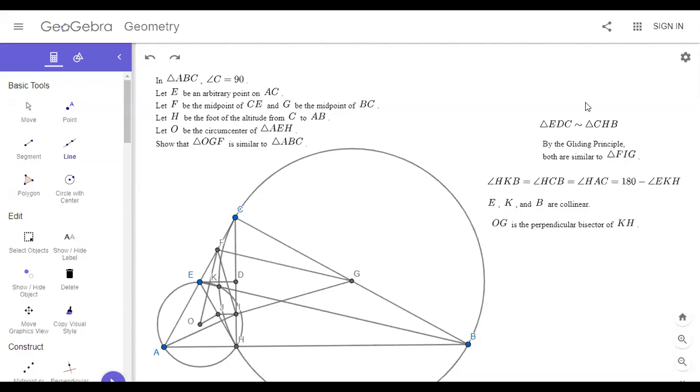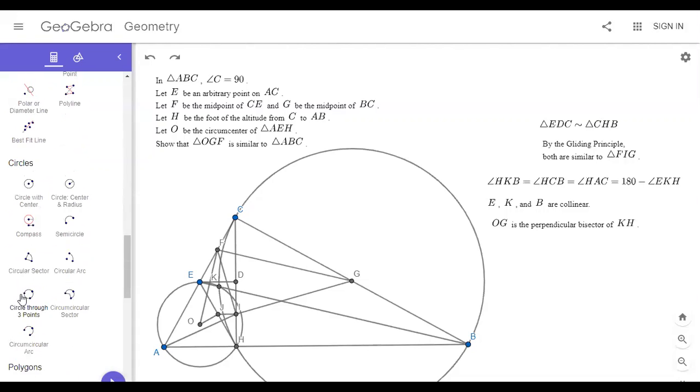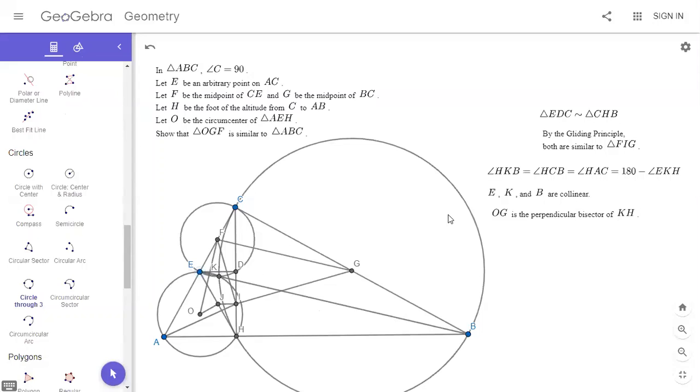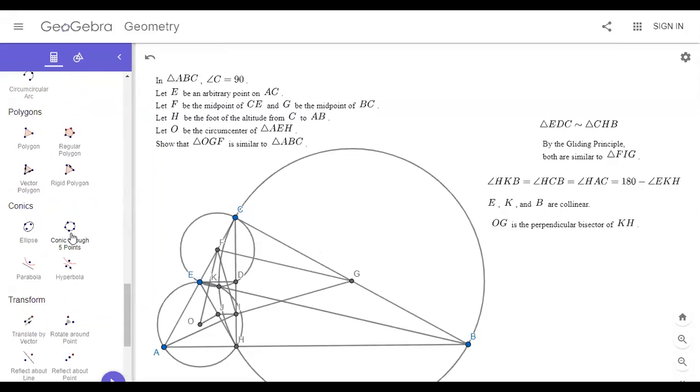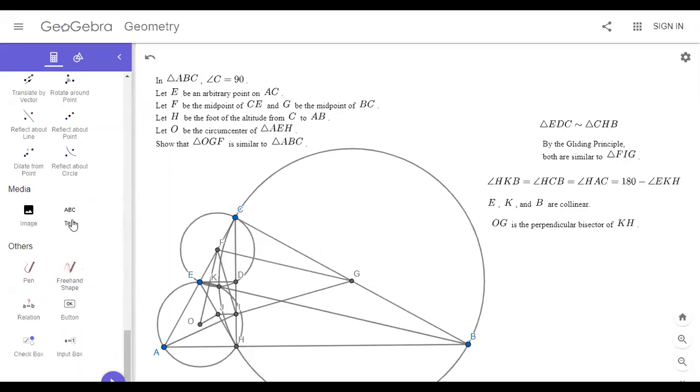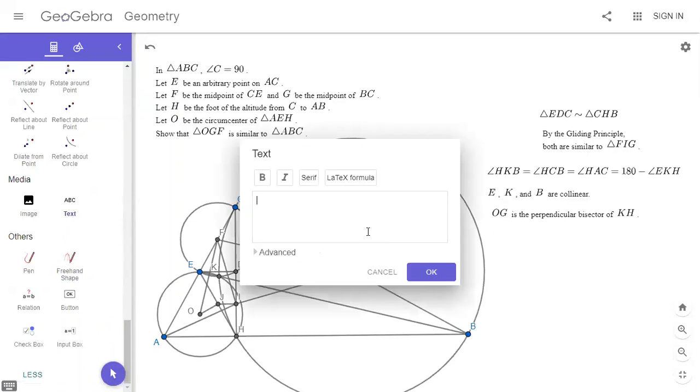And so that basically says that, okay, so I'm gonna draw this. Okay, so CDKE is cyclic, with circumcenter F.